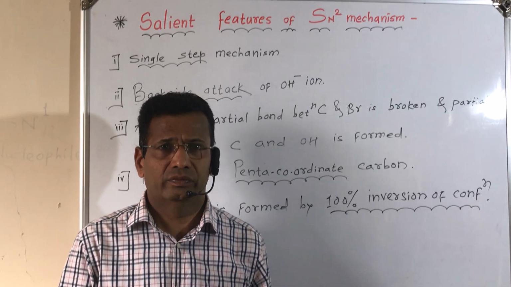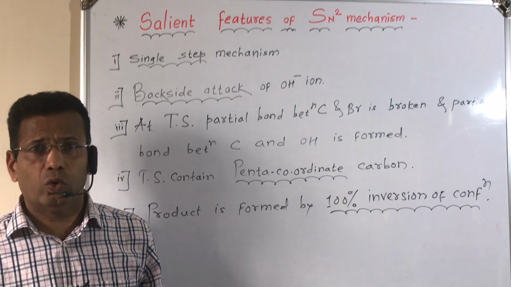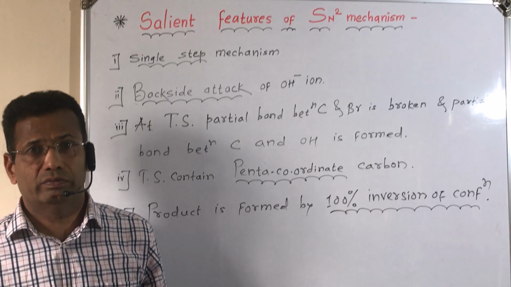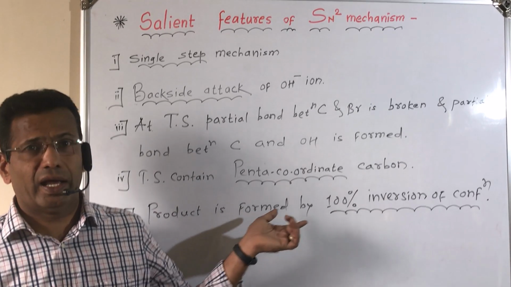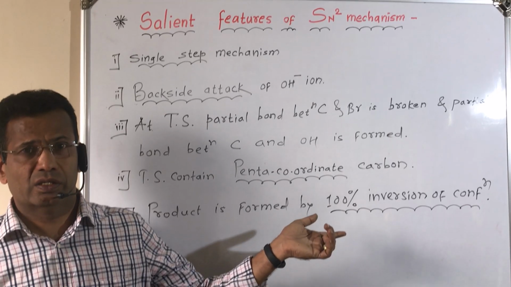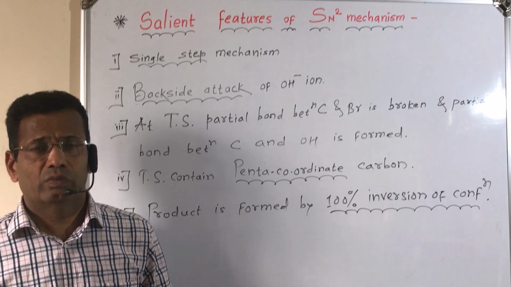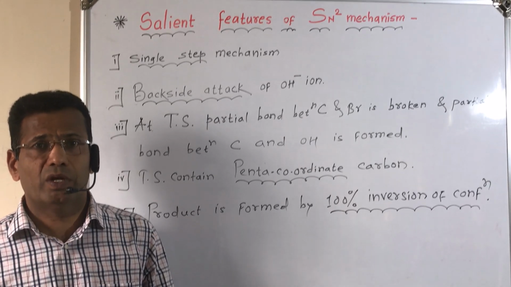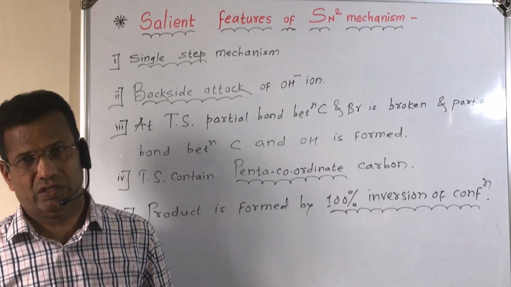Option C, in SN2, to avoid the electrostatic repulsion between two nucleophiles, backside attack takes place. And option D, in SN2, products are formed by 50% inversion and 50% retention of configuration.